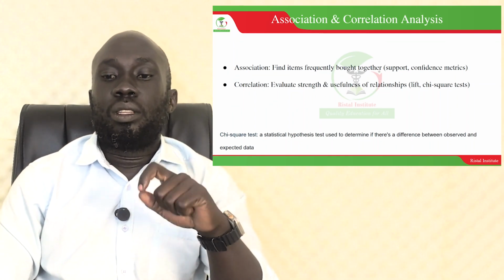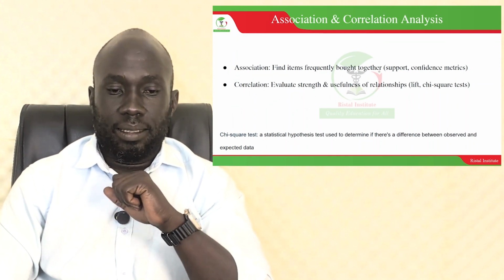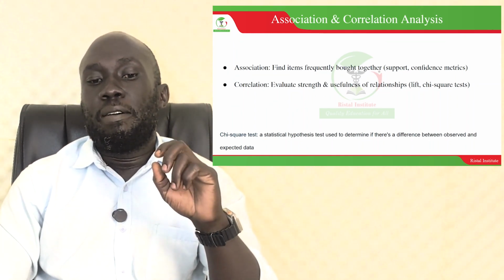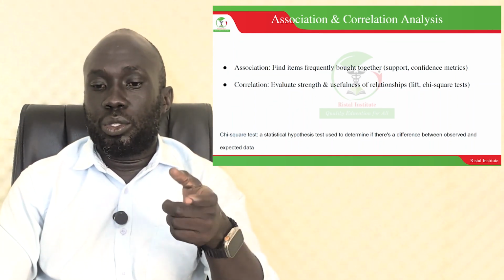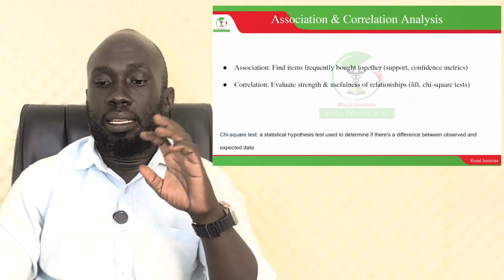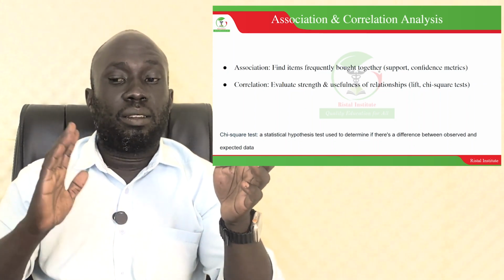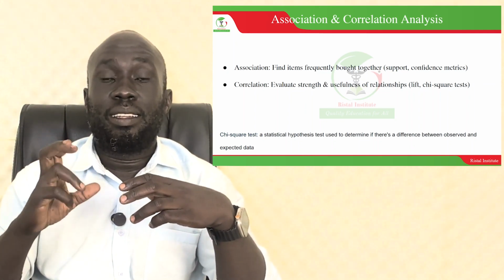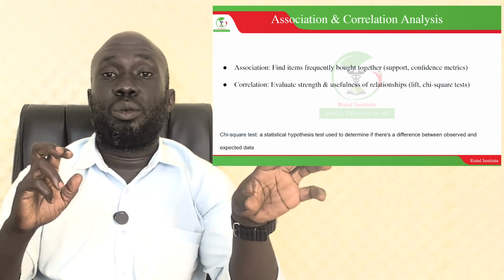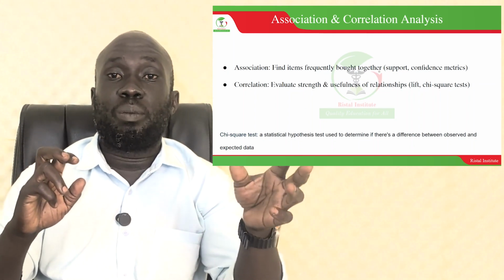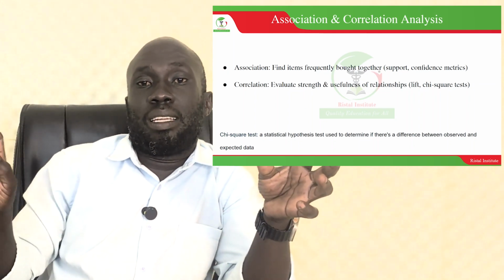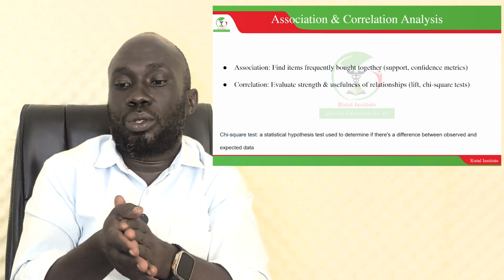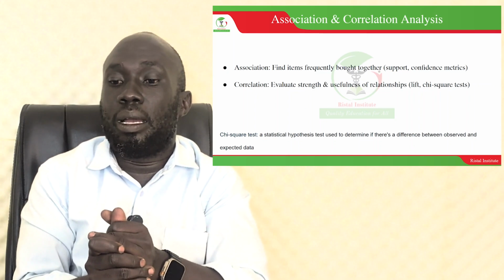Let's look at association and correlation analysis. Association finds items frequently bought together, that is the support and confidence metric. There is a certain product that when customers buy, there is another product that they usually take with it. Now this is what's called the support or confidence metric.